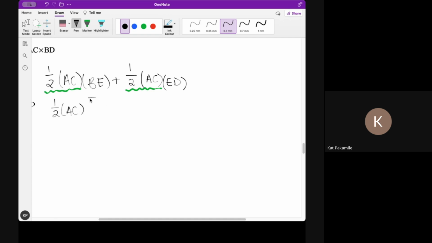Now, you need to write what's left over, right? In term number 1, what is left over after you take out half AC? It is BE. Plus, in term number 2, what is left over after you take out half AC? ED.